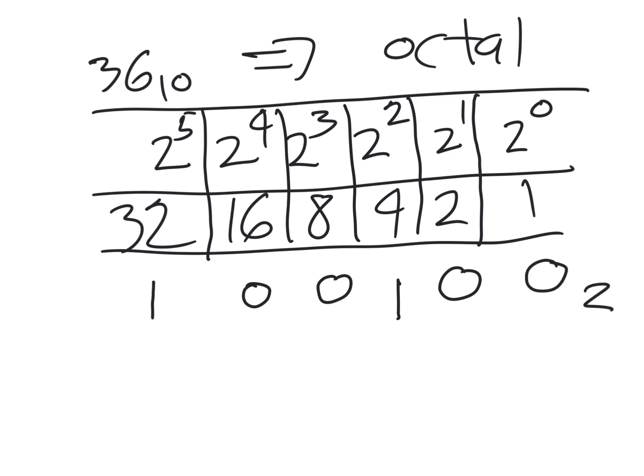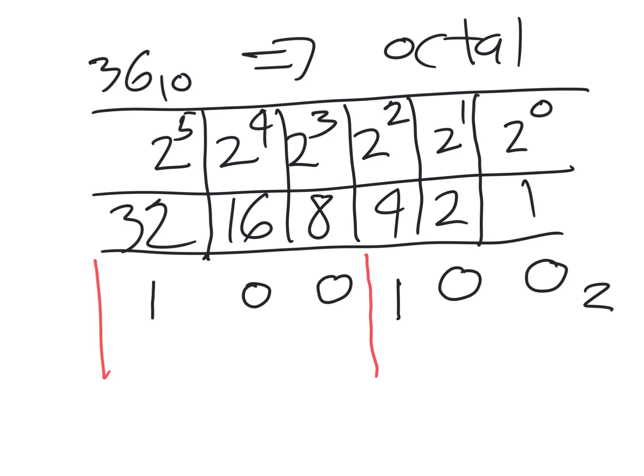So intermediate, maybe I should step this down. Intermediate, then we convert the decimal number into binary just by summing the weighted values. And then you simply put a line every 3. Okay. And then convert each of those groups of 3.